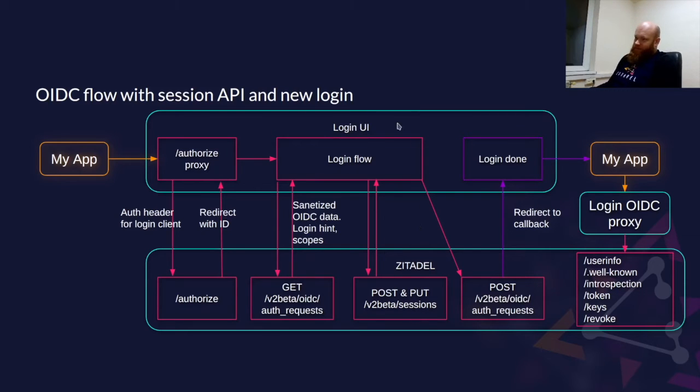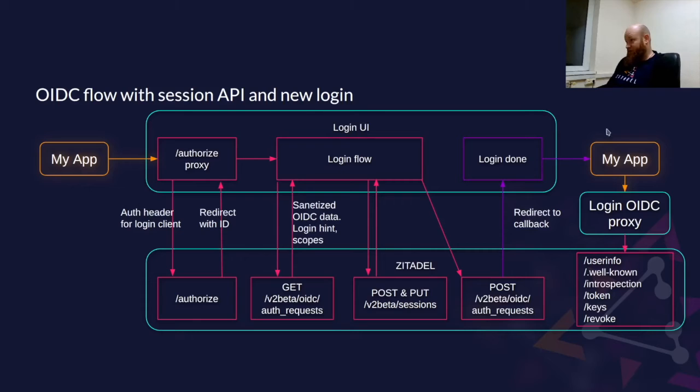After the login UI considers the user sufficiently authenticated, it will call the OIDC auth request endpoint with a post saying we've completed the authentication part of the flow. Then ZITADEL gives back a redirect to the callback of the application.